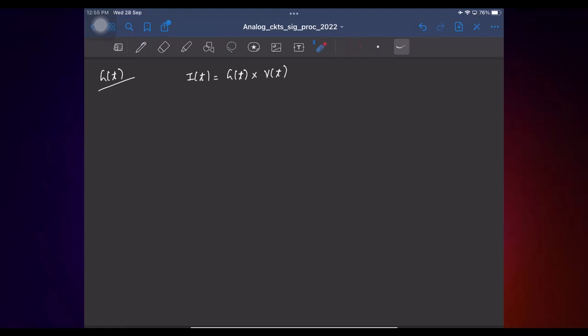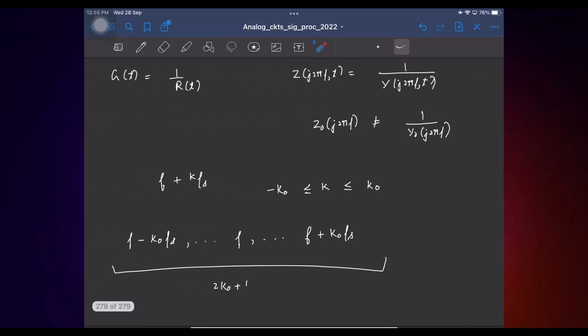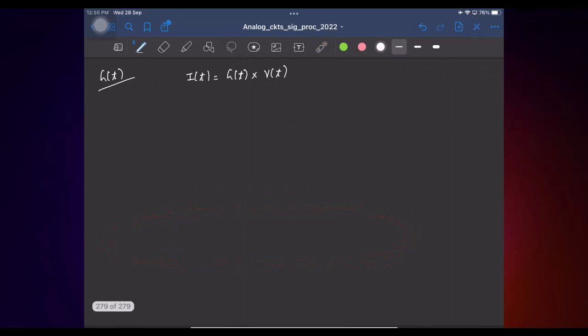Now, for the LTI case, we are only applying a voltage or a current at f. But now we will try to apply voltage at all these frequencies. So the voltage is basically a summation, k going from minus k0 to plus k0.